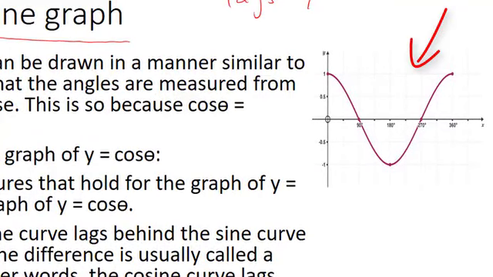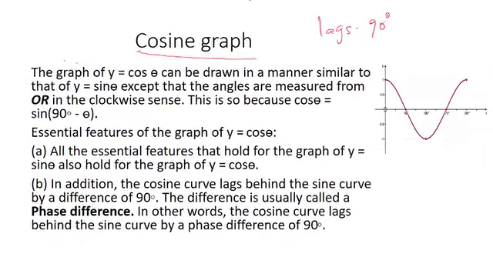The mode of operation is wave-like with the same periodicity of 360, but the difference is that the sine graph projects from the origin, making it a 360 periodicity graph that leads the cosine graph by 90 degrees.